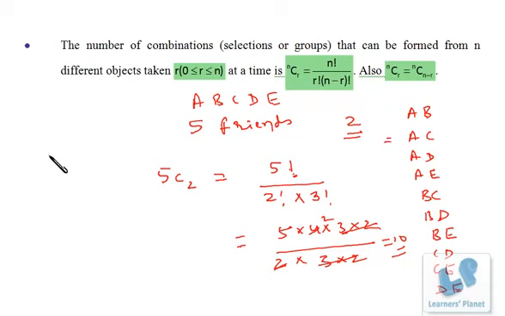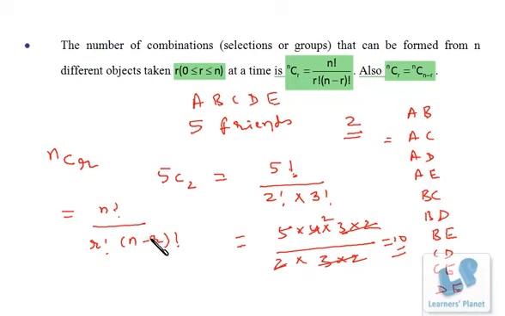So if we have n objects and we have to select r objects out of them, the number of combinations will be nCr, right? And the expansion of nCr is n factorial over r factorial into n minus r factorial, right? See, I won't tell you the derivation over here because it will be a really time consuming process.